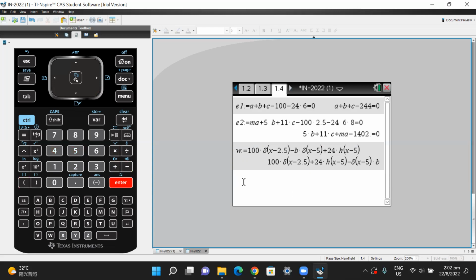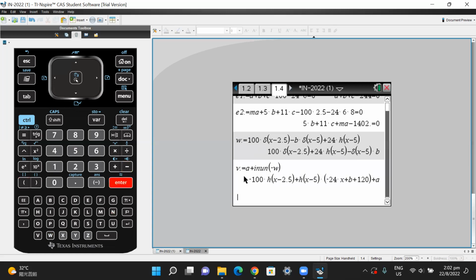And after we type W, we could simply get V function by integrating negative W using our program and get this function.